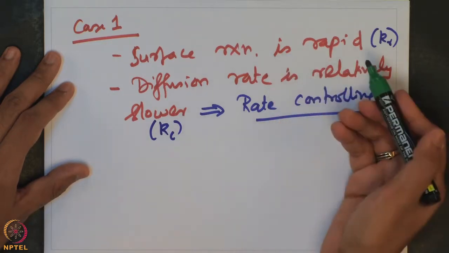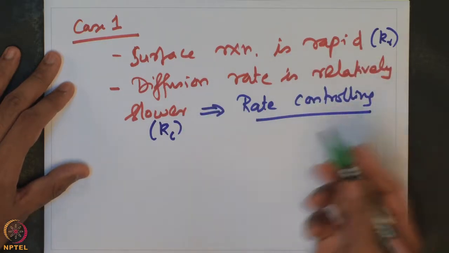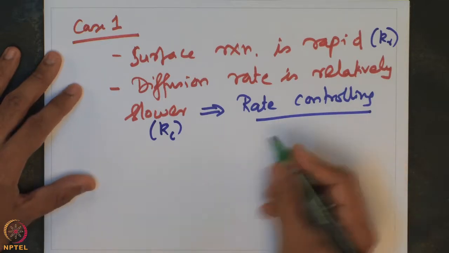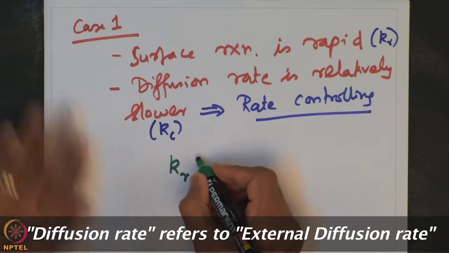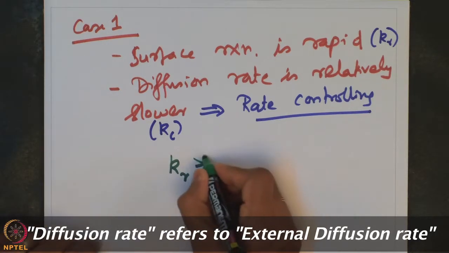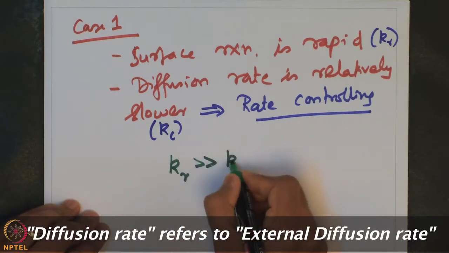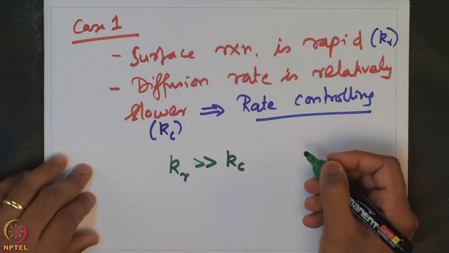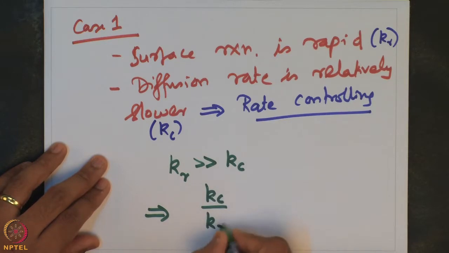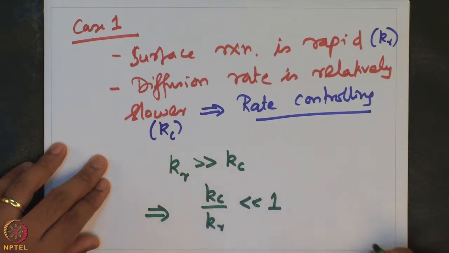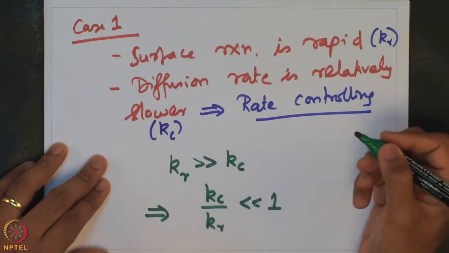So, if the surface reaction is rapid and the diffusion rate is relatively slower, then it automatically implies that Kr is much larger than Kc, which means that Kc by Kr is much smaller than 1.